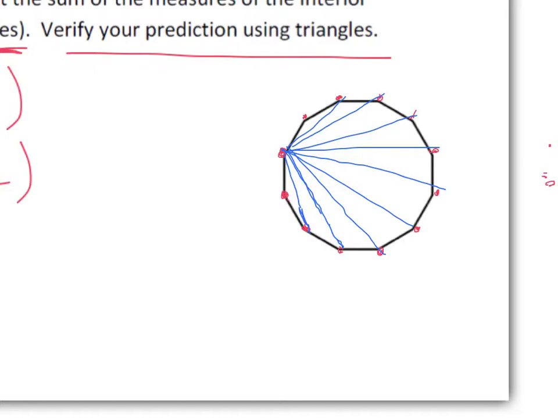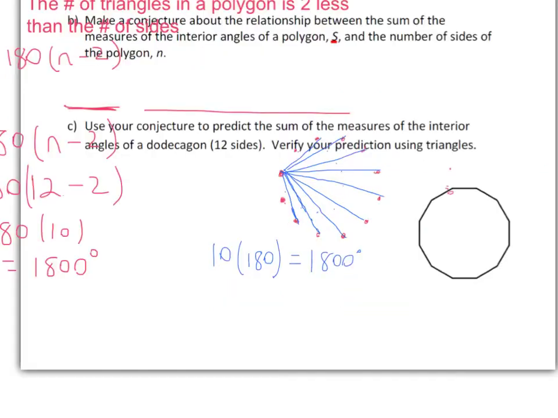Alright, we end up with, count them, pause and count them, 10 triangles. And we know that all the angles in a triangle add up to 180. So 10 triangles times 180 gives us 1800 degrees. So we come to the same conclusion.